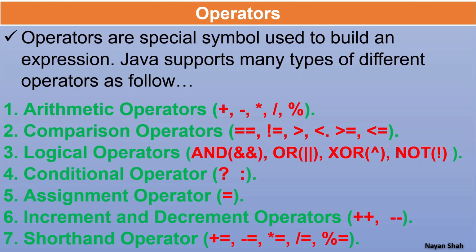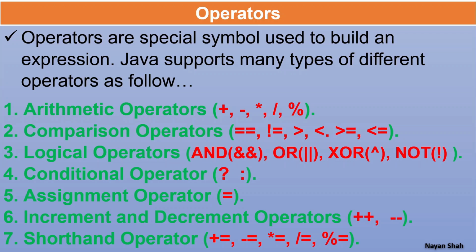Logical operators, there are 4 logical operators: AND, which is indicated by double ampersand; OR, which is indicated by double vertical line, that is called pipe; exclusive OR, which is indicated by the caret sign; and NOT, that is the exclamation sign. Conditional operator, that is question mark and colon together make one operator.